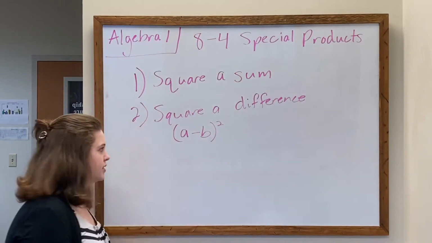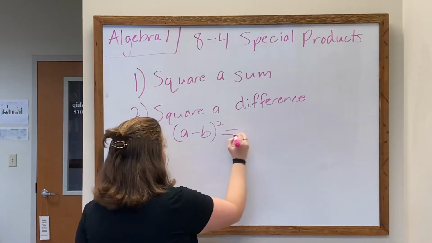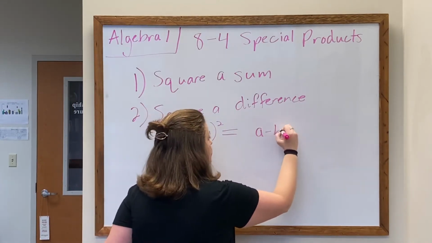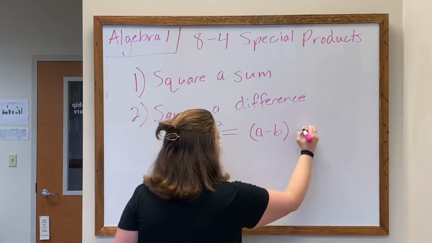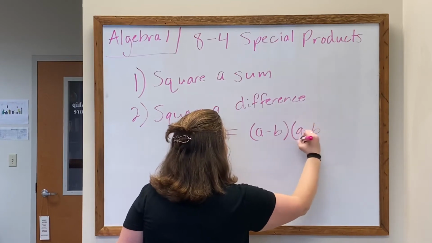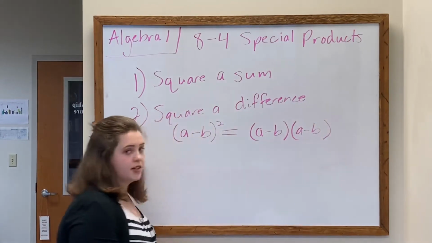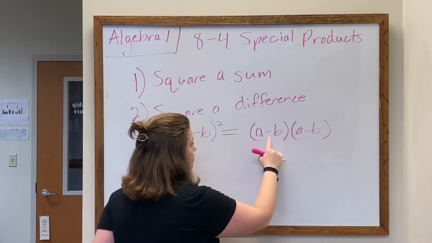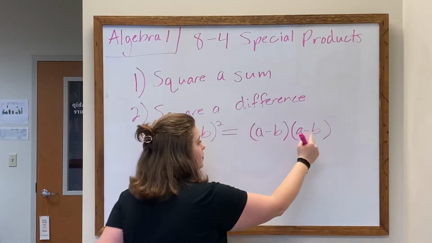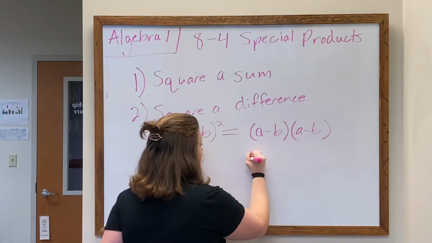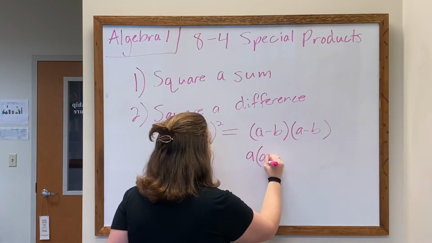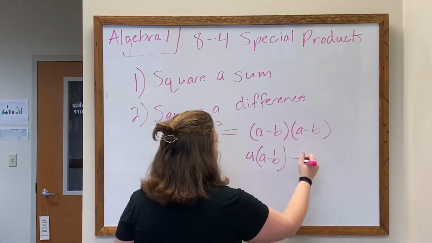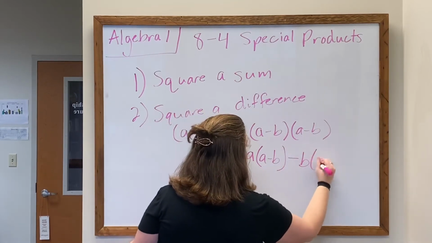And we're going to work this out together just like we did the other one. We know that (a minus b) squared is the same as saying (a minus b) times (a minus b). And just like anytime we multiply polynomials, we need to make sure that both of these terms get multiplied by both of these. So I'm going to split it up and do a times (a minus b) minus b times (a minus b).